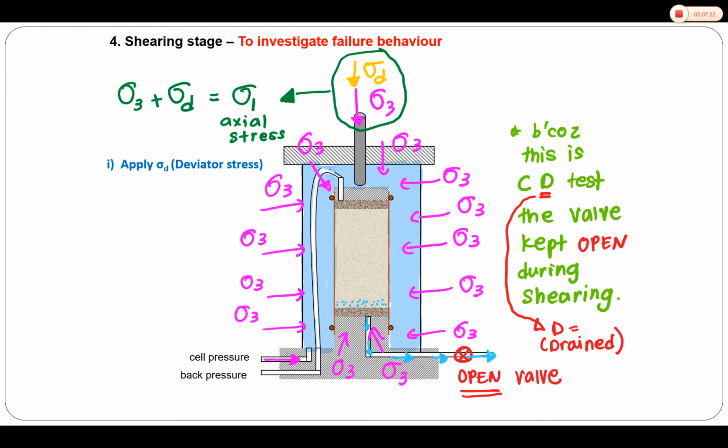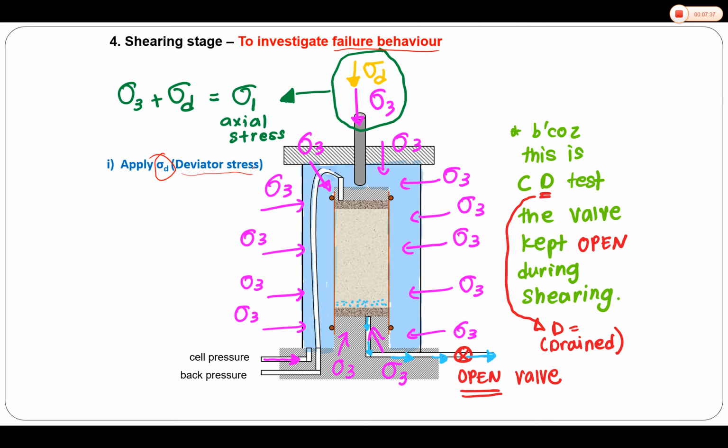In the shearing stage, we need to investigate the failure behavior. So how? We will apply the sigma D, also known as deviator stress.